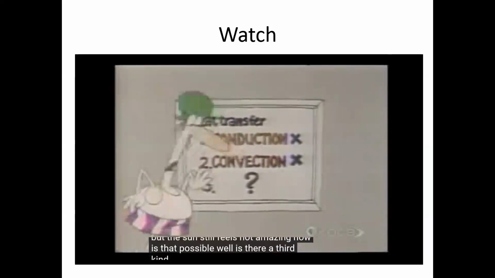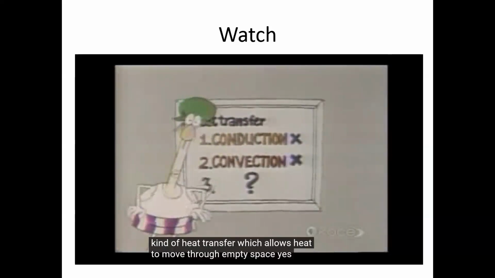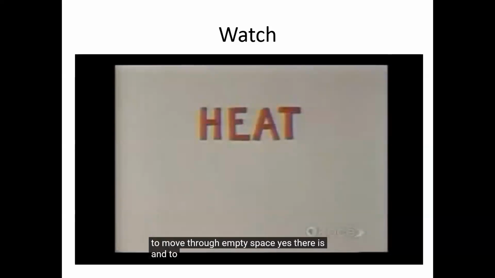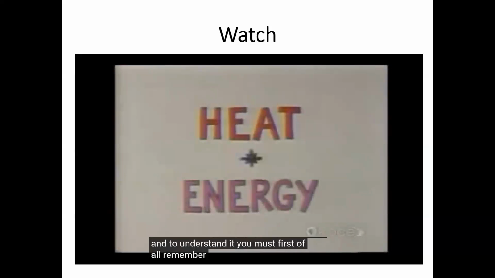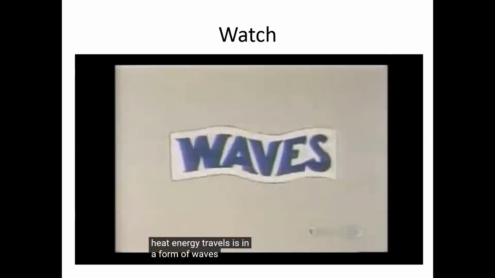Is there a third kind of heat transfer which allows heat to move through empty space? Yes, there is. And to understand it, you must first of all remember that heat is a form of energy. Now, energy can travel in various ways, but one of the ways in which heat energy travels is in the form of waves.